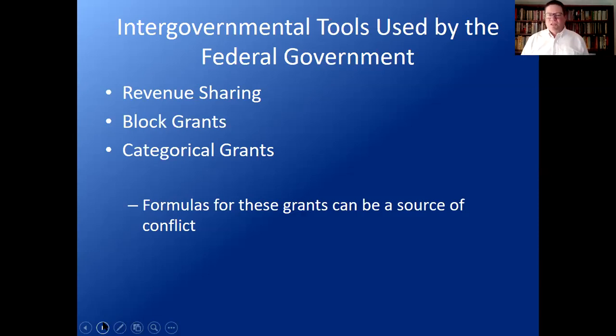The two other sources of funding that states get from the federal government are what we call block grants and categorical grants. Now, a block grant states love, right? I mean, general revenue sharing is great, money without any strings attached. But block grants are pretty good because essentially what the federal government does is say, hey, let's provide funding in one issue area.